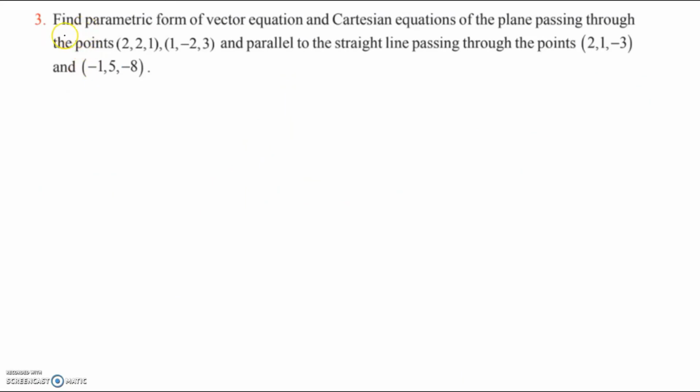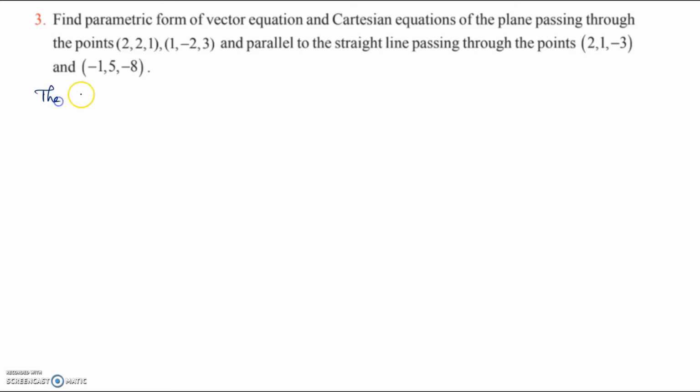Question number 3. Find the parametric form of vector equation and Cartesian equation of the plane passing through the points 2, 2, 1, 1, minus 2, 3, and parallel to the straight line passing through the points 2, 1, minus 3 and minus 1, 5 and minus 8.